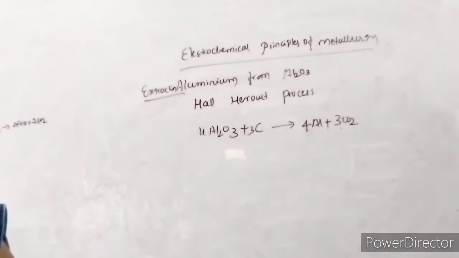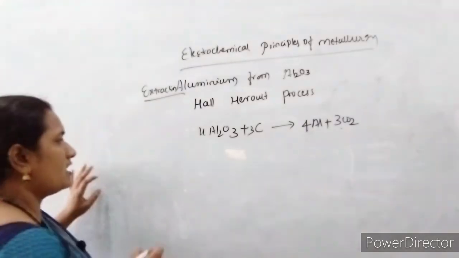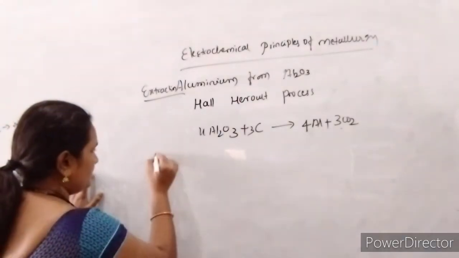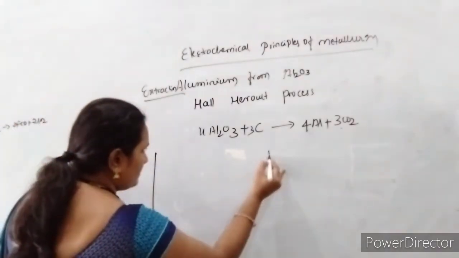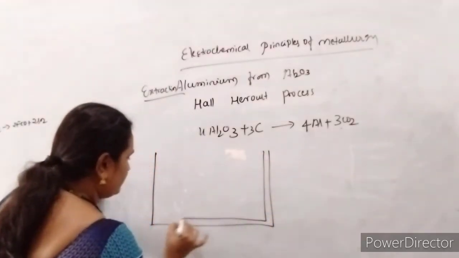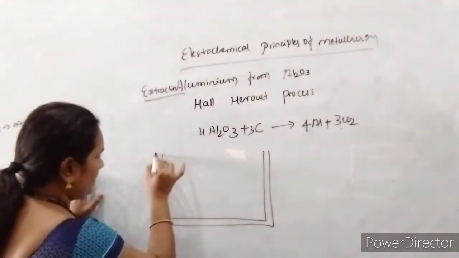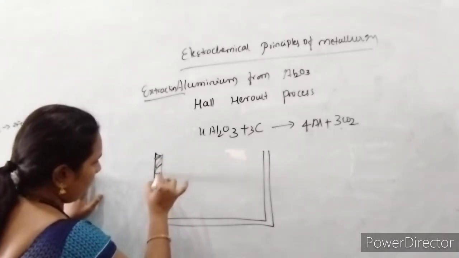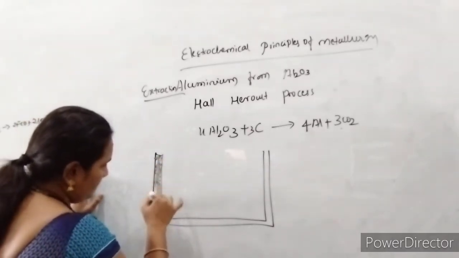For this process we are going to use a steel vessel container which is lined with carbon. It must be coated with carbon. So see here, we are taking a carbon-coated steel vessel container.